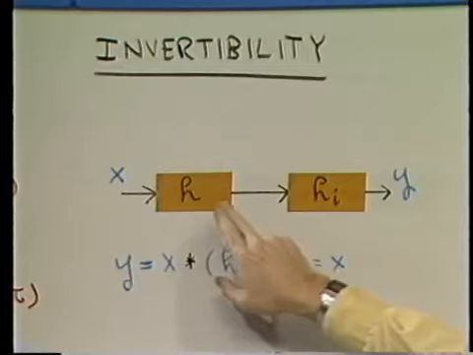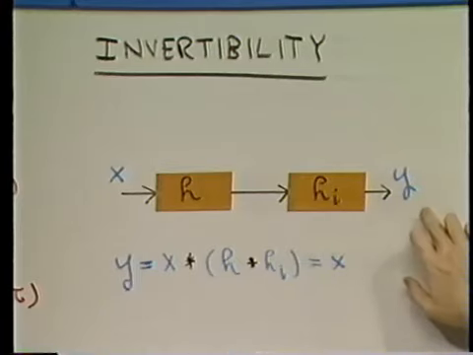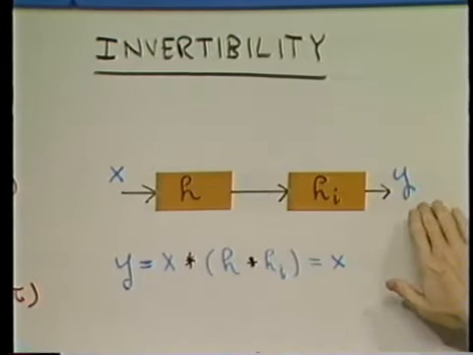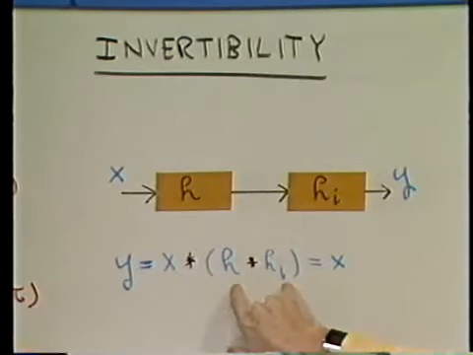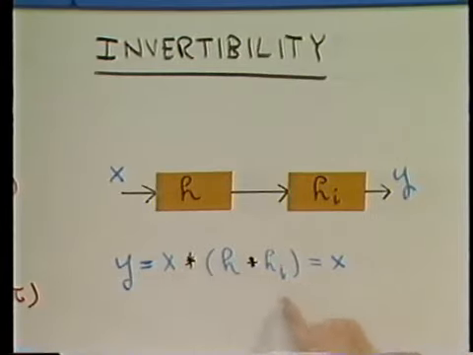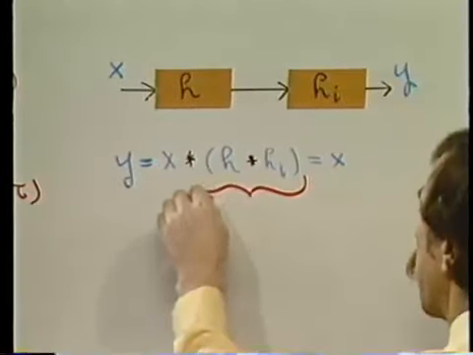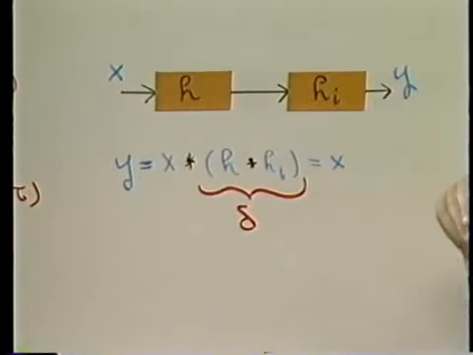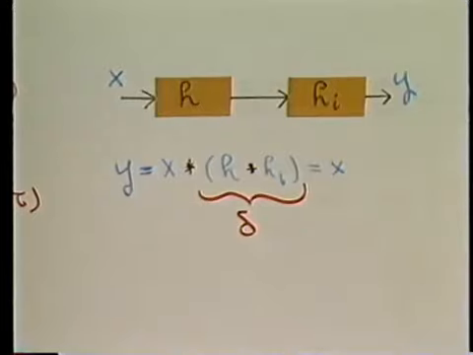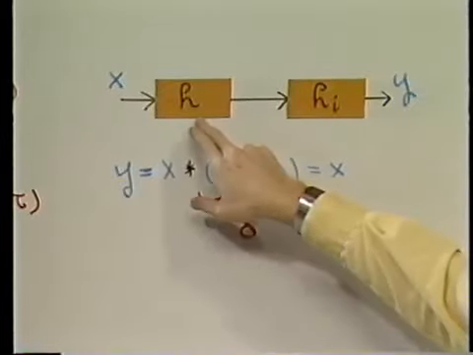Input is x, and let's say that the impulse response of the inverse system is h sub I, and the output is y. Then the output of this system is x convolved with h convolved with h sub I, and we want this to come out equal to x, and what that requires then is that this convolution just simply be equal to an impulse, either in the discrete time case or in the continuous time case. And under those conditions, then, h sub I is equal to the inverse of h.